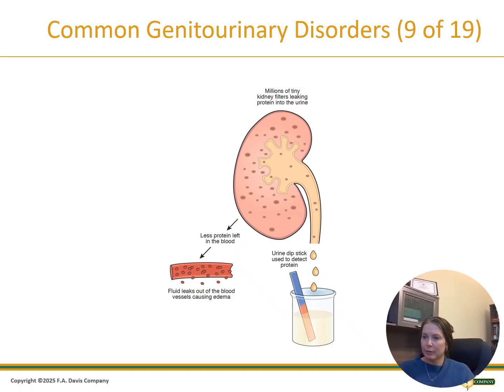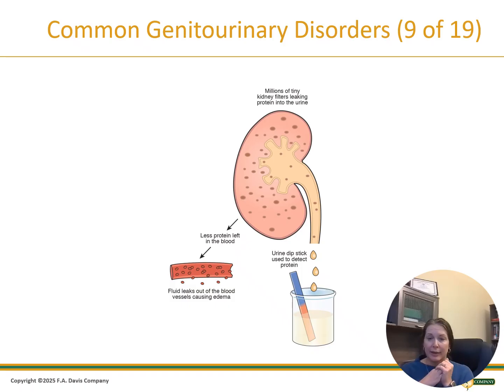Okay, so this is going to look at kidney damage. So our glomerular filters, those tiny little capillaries, they become leaky. And instead of keeping the protein or the albumin in the blood, it's going to let it just dump out into the urine.